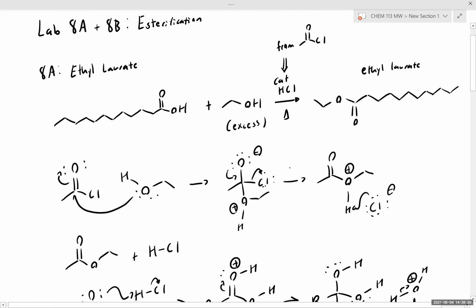We have collapse of our tetrahedral intermediate, and then this resulting ester is deprotonated by chloride to generate a trace amount of hydrochloric acid along with the following ester product. This ester byproduct is generated in trace amounts and can be easily removed via evaporation.